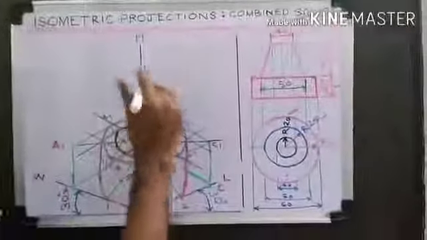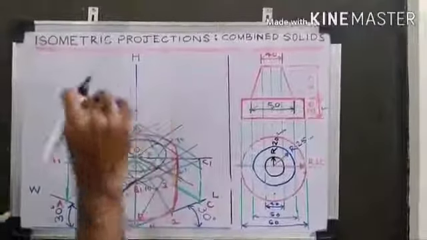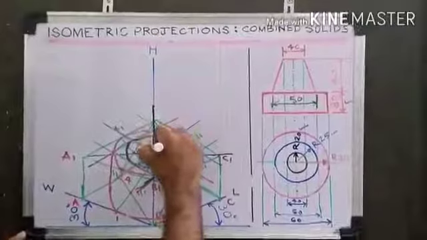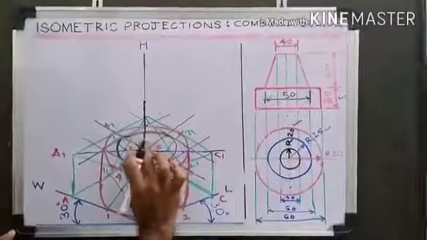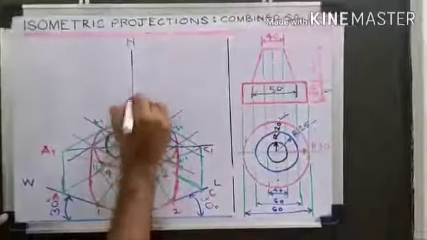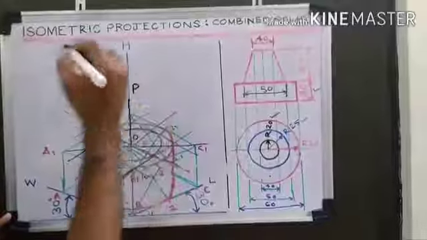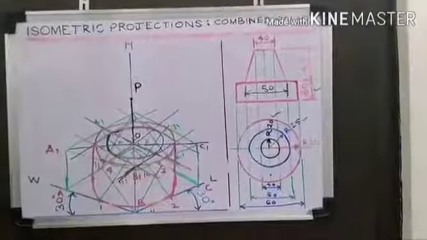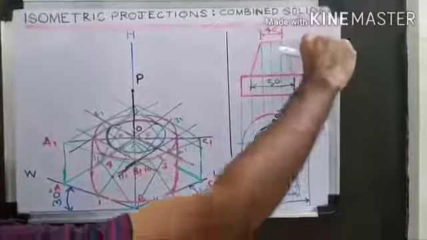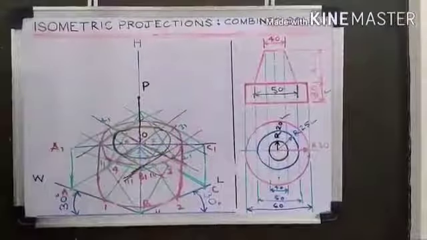Isometric. This is the concerned height. So this is going to be height of a cylinder. O2, this. Now I am naming OP as the height of a right circular cone frustum.